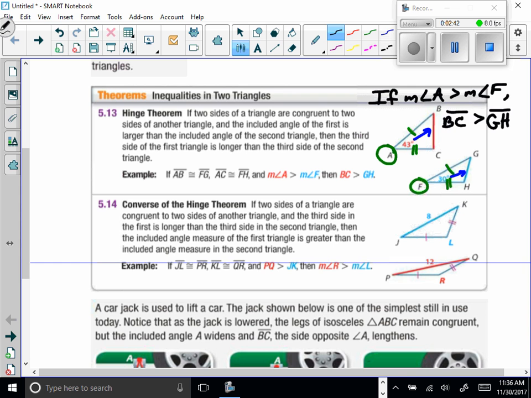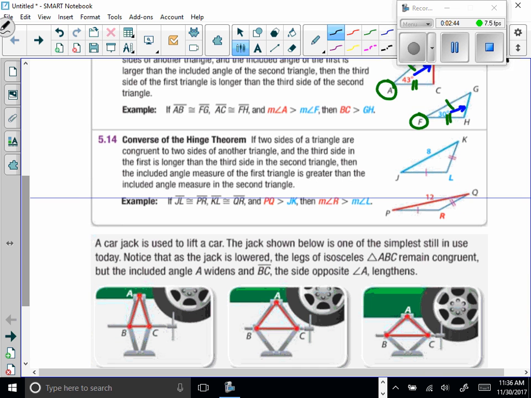The converse is true as well, and the converse is just where we flip the hypothesis and the conclusion. So if I'm looking at the sides and comparing the lengths of the sides of the two triangles, then the corresponding angles would have that same relationship. So I see that JK is actually less than QP.